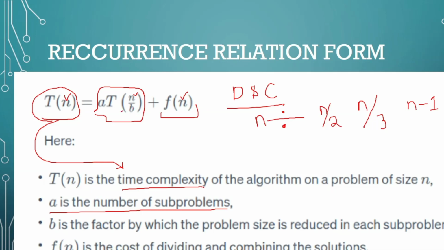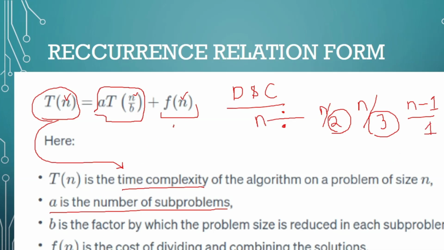a stands for the number of sub-problems. b stands for the factor by which we divide the big problem to get the smaller sub-problems. For example, b here could be 2, here 3, and here b could be 1. So the factor by which we divide the big problem n into smaller sub-problems.